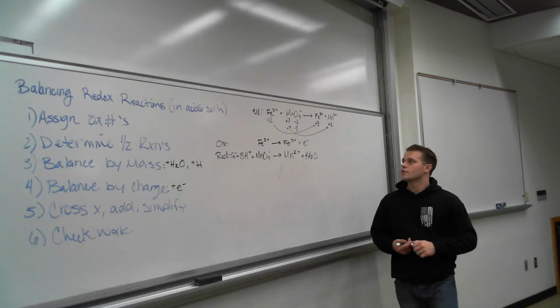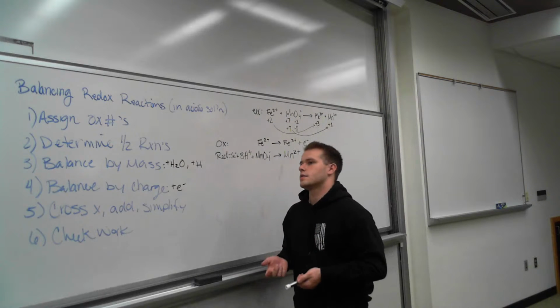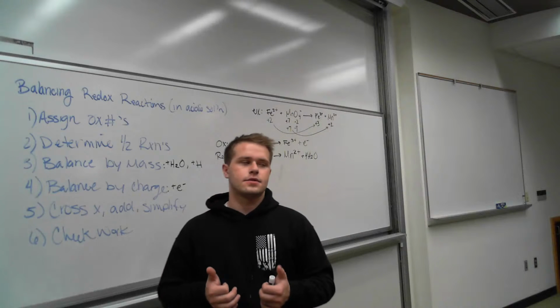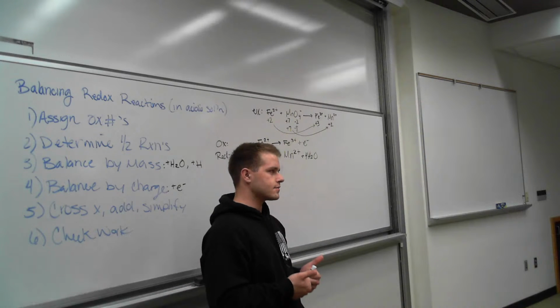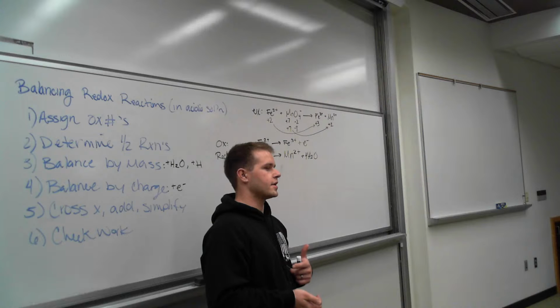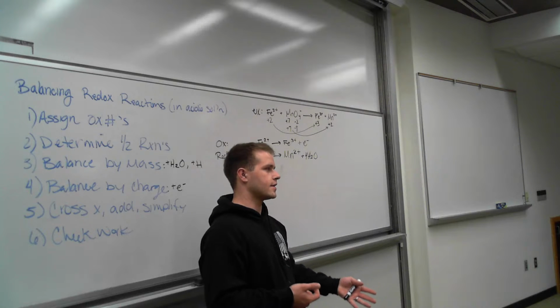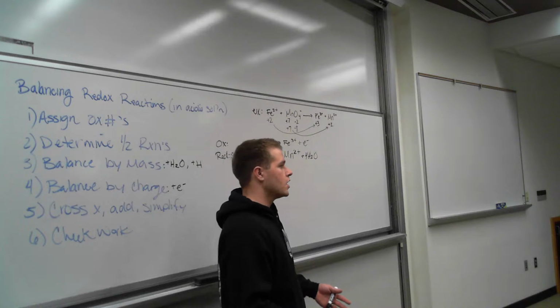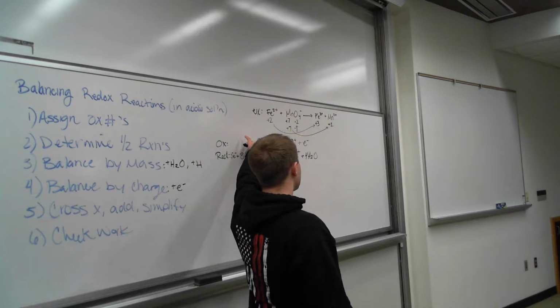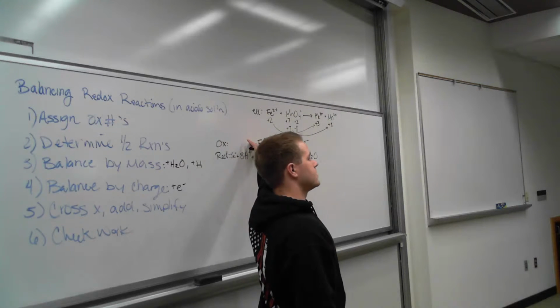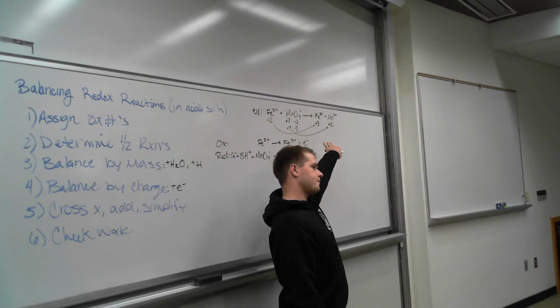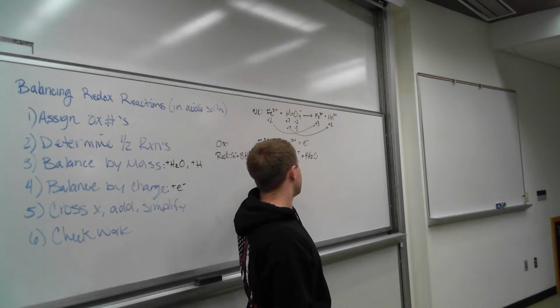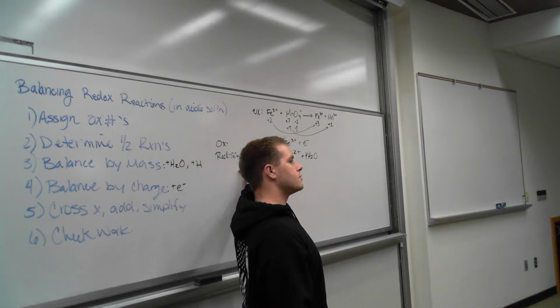So we want our electrons to cancel. We don't want any free-floating electrons in there because any electrons given up by one thing should be accepted by a different thing. That's the whole idea behind redox reactions. For every 1 unit of this oxidation reaction, we produce 1 electron. For every 1 unit of this reduction half reaction, we consume 5 electrons.